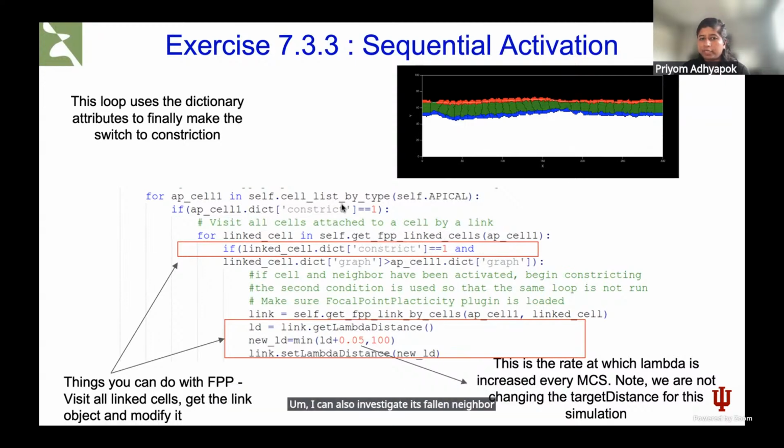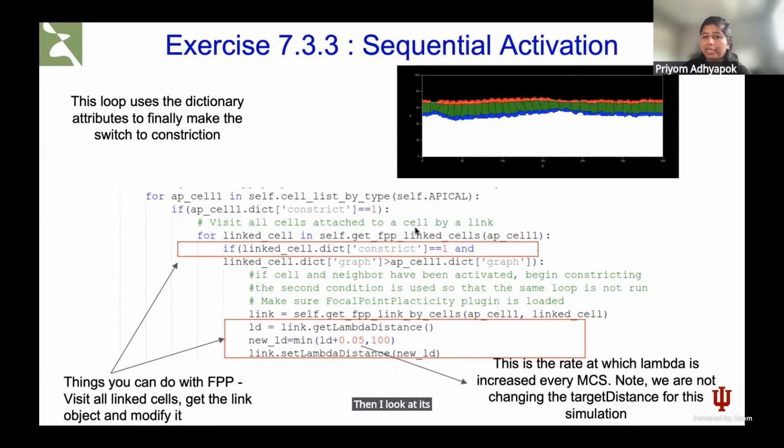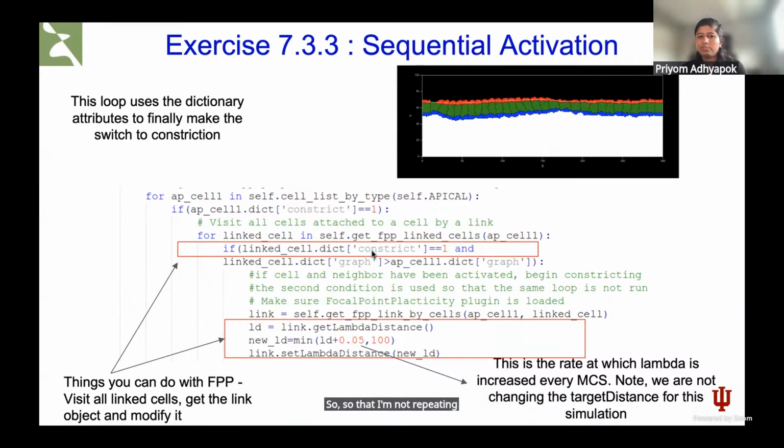So I first find out if it has itself been activated to start constricting. Then I look at its neighbor, and if the following neighbor has also been given the signal to go ahead and constrict, I can additionally use that graph variable that I was telling you about to make sure that I'm comparing a cell to the right and then to the left, so that I'm not repeating the loop multiple times.